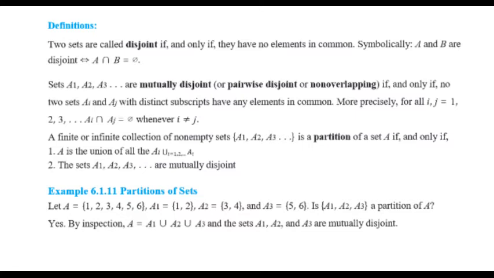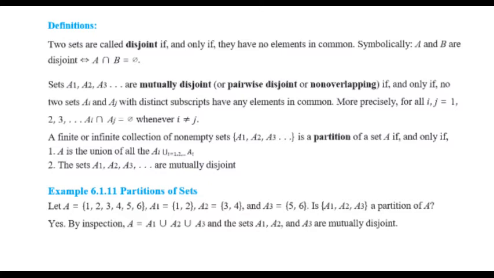More precisely, or in a symbolic way, we can say for every I and j from 1, 2, 3, and so on, A sub I intersection with A sub j is equal to the empty set whenever I is not equal to j, because if I is equal to j, then the intersection of any set with itself is equal to the set itself. But here in the definition of mutually disjoint sets, we say the intersection of A sub I and A sub j is the empty set when I is not equal to j.